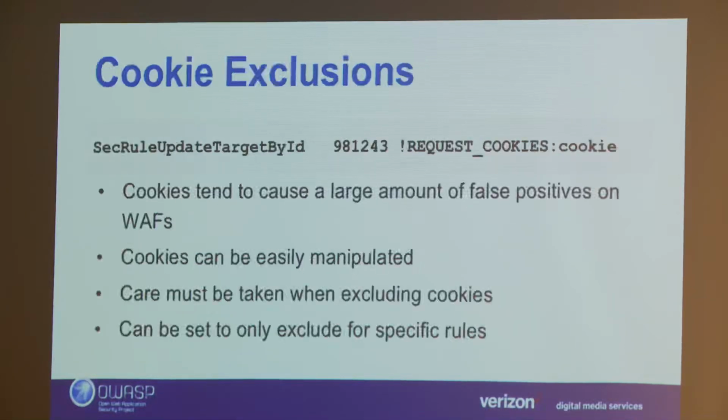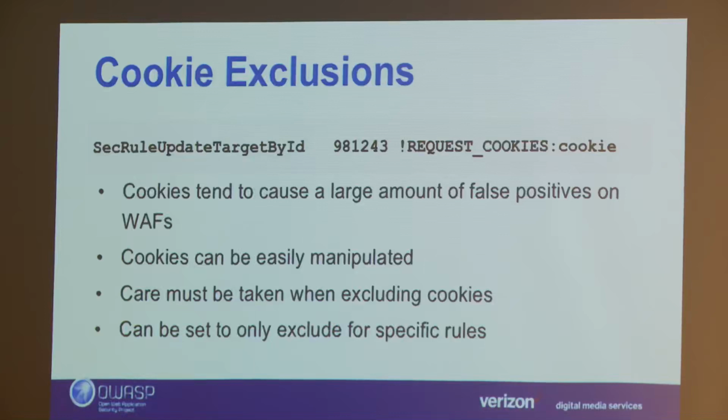We often run into this issue of cookies containing delimiters and special characters to store your preferred store, or your click history, or different things, and cookies tend to trigger a lot of these false positives.